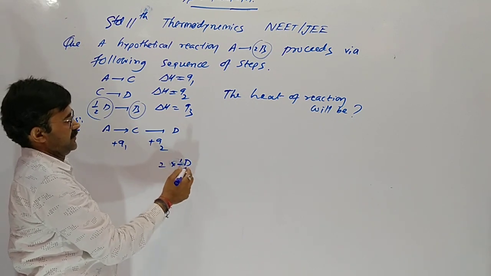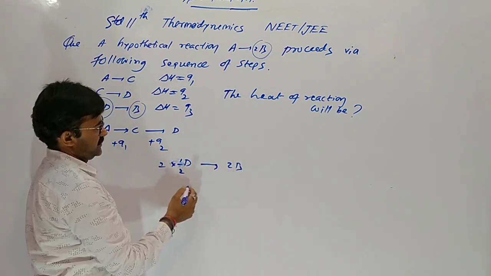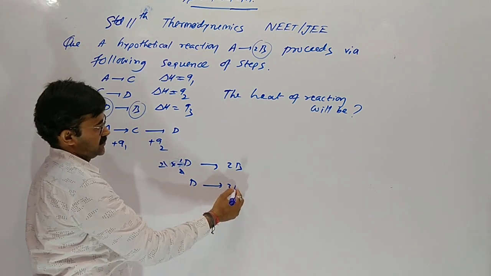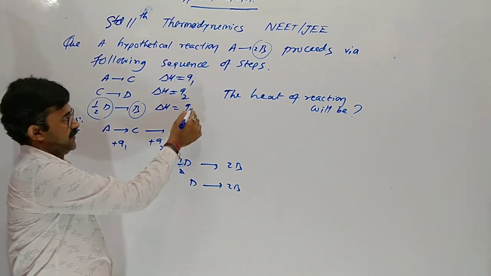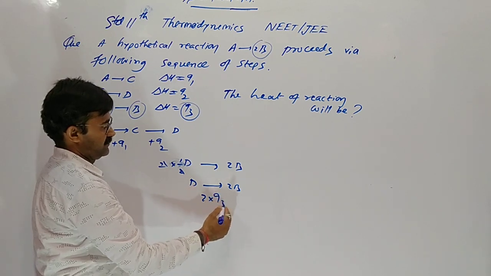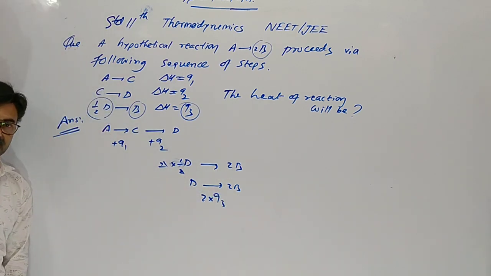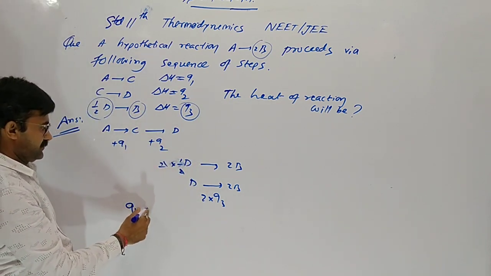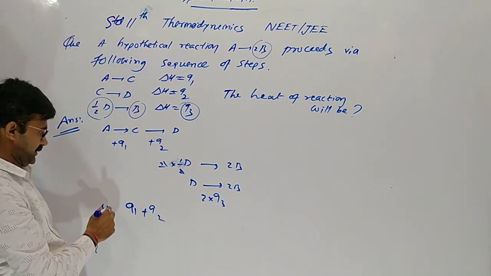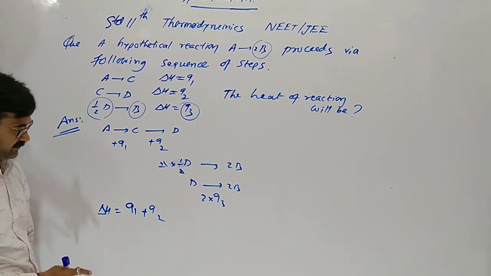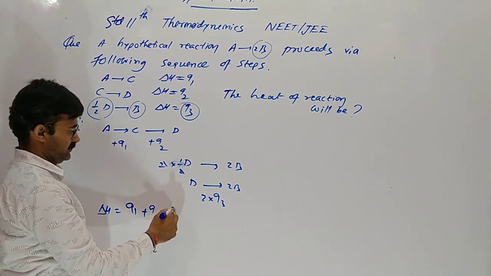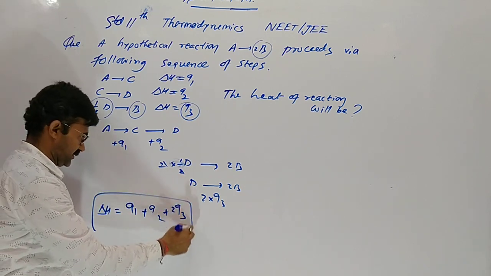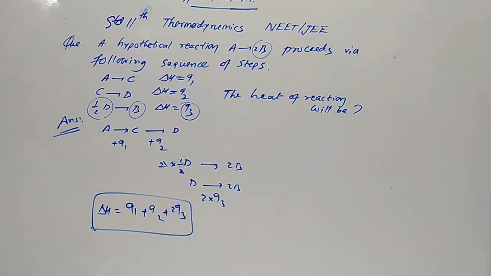D gives 2B, so the value will be twice Q3, 2 times Q3. Now the total of all three: Q1 plus Q2 plus 2 times Q3 is the heat of the whole reaction. Understood?